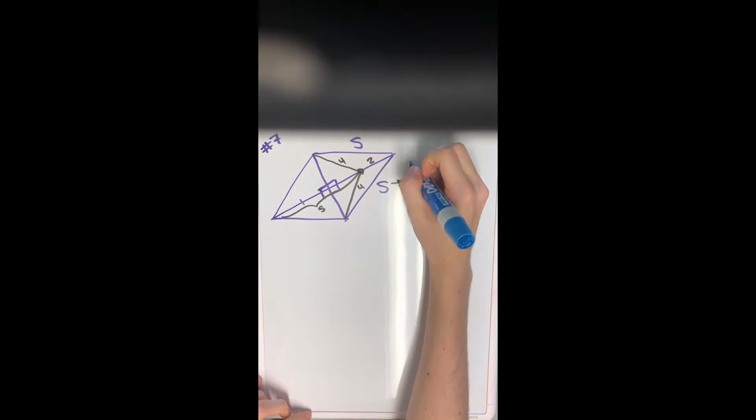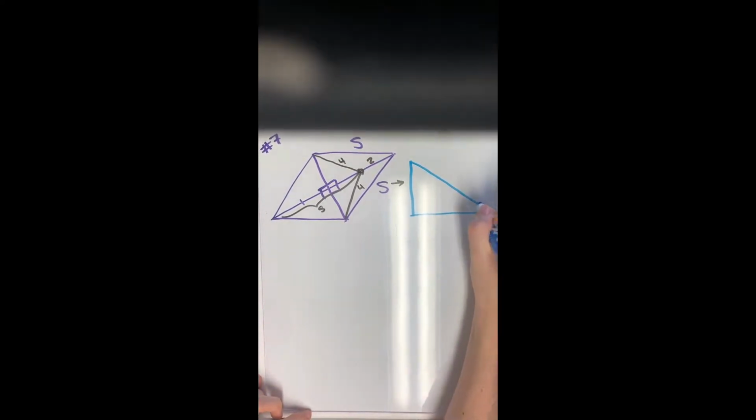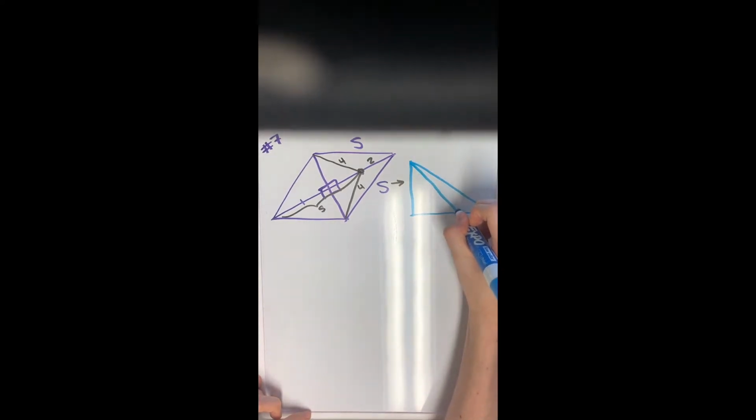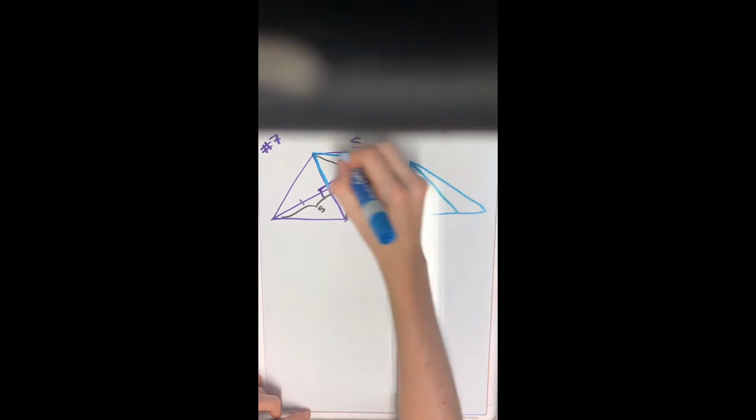So from here, I took 2 triangles to be able to set up a system of equations. I have 2 triangles, and they are going to represent this larger triangle as the outside one.